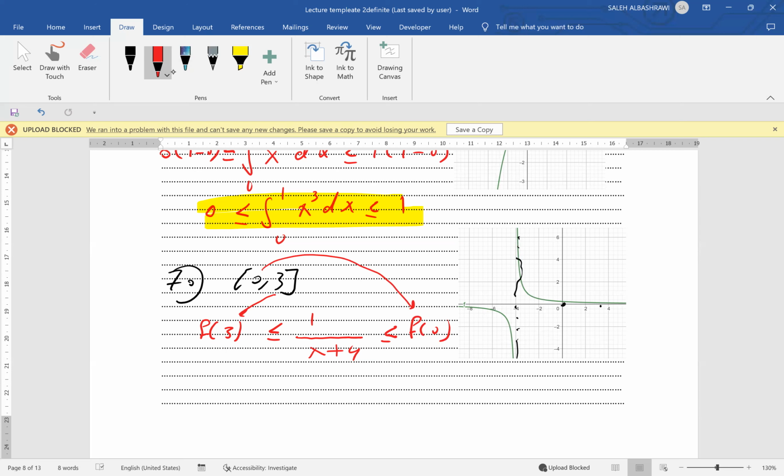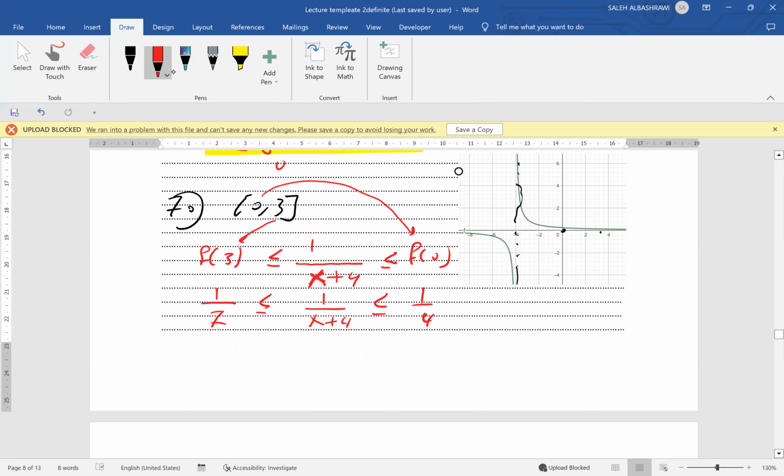Now f of 3 is equal to 1 over 7, just replace x by 3, so 3 plus 4 is 7. So 1 over 7 is less than 1 over x plus 4, which is less than or equal to, replacing x by 0, 1 over 4.